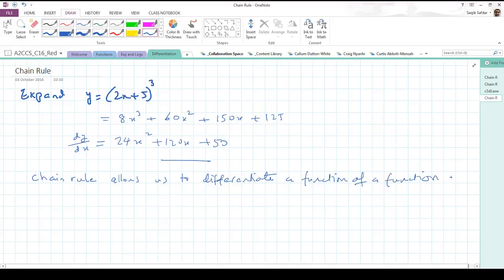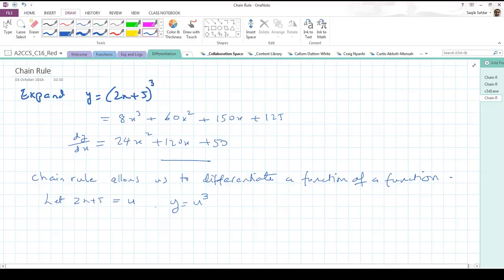What do I mean by that? This is what I mean. What we could do is say, let the thing in the bracket, and normally it is what is in the bracket that you substitute, let 2x plus 5 equal u. Now I've got an equation where y equals u cubed and u equals 2x plus 5.